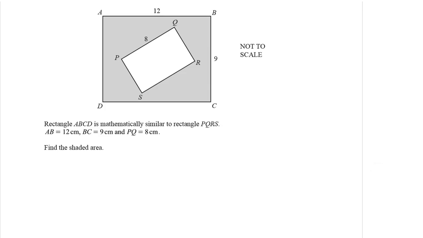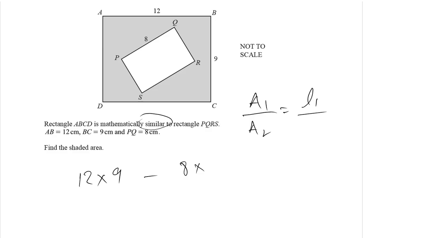Find the shaded area. So it is clear that there is a bigger rectangle and a smaller one, so just subtract them simply. 12 minus, 9 minus 8 into, all right, sorry, I was in a hurry, I missed the word similar. For that purpose we will use this formula, because I didn't see that there wasn't any breadth, so it cannot be done.